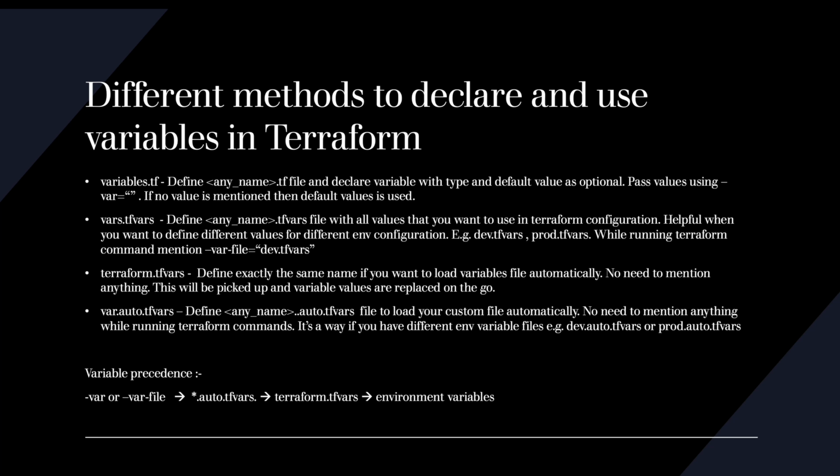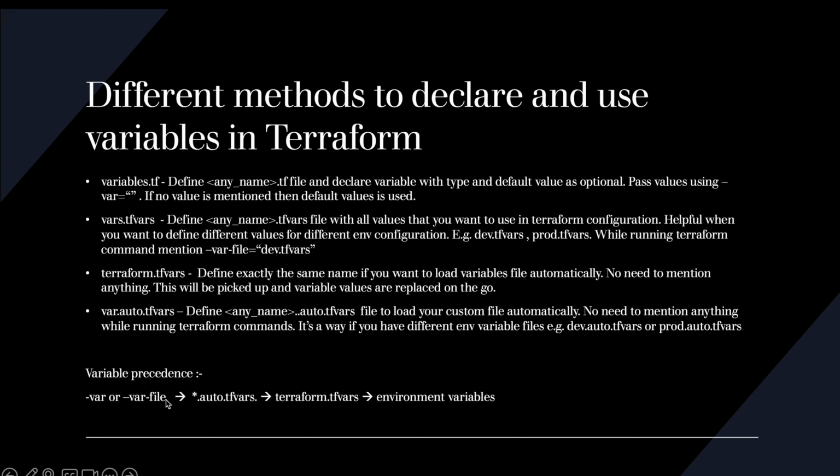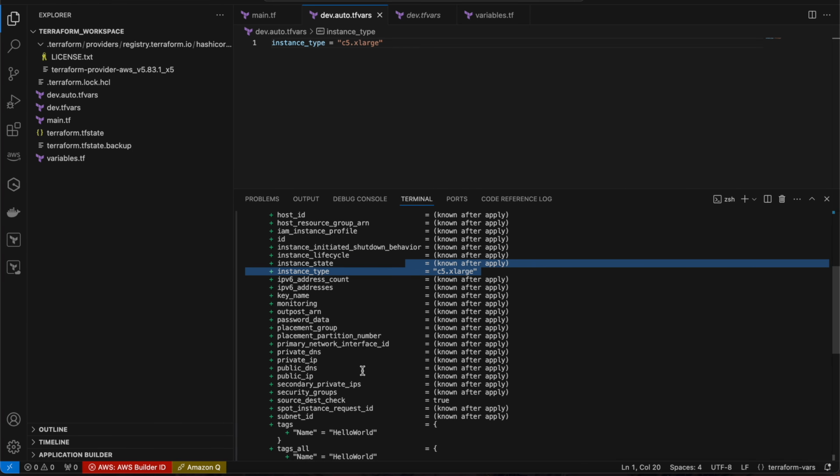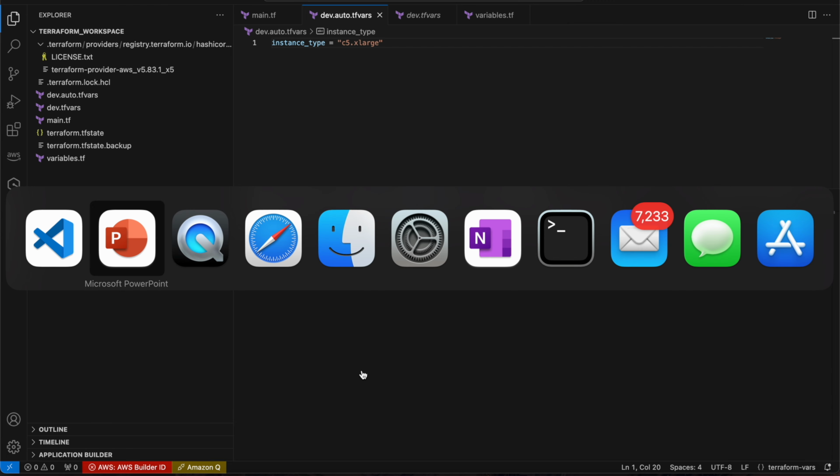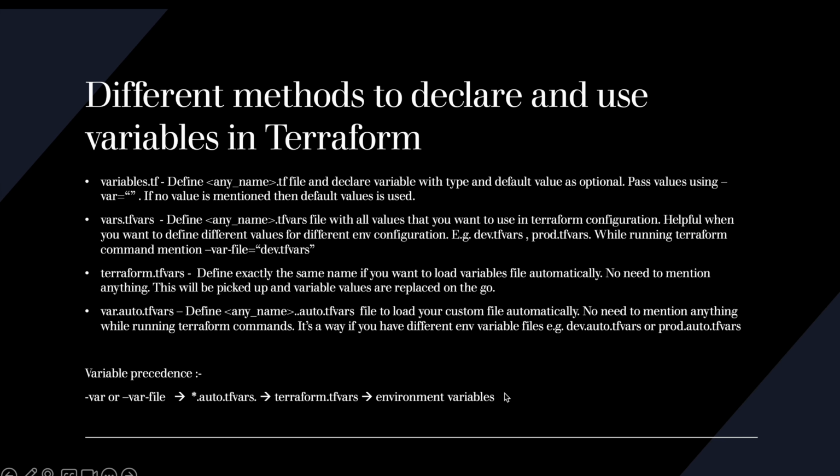When you declare -var or -var-file, this takes the most precedence out of all your definitions. The first is -var and -var-file, then anything with auto.tfvars will be picked up.